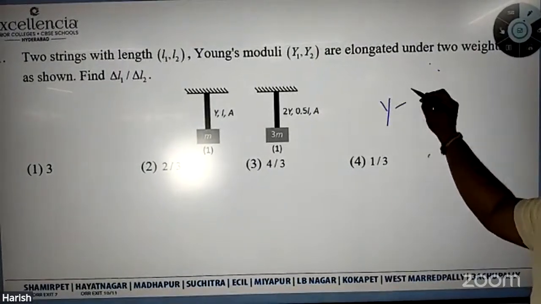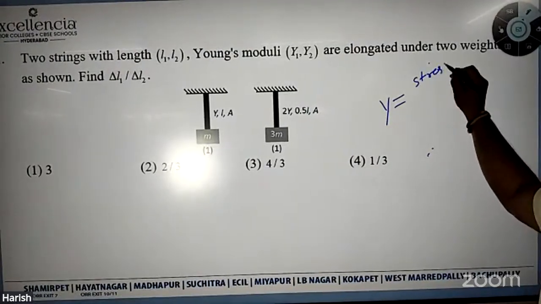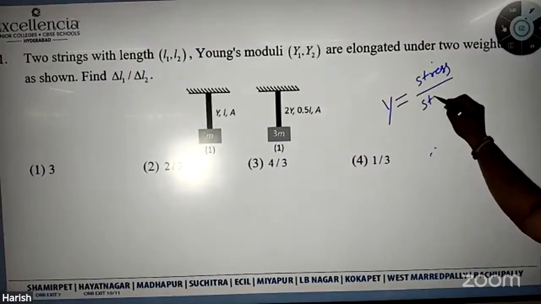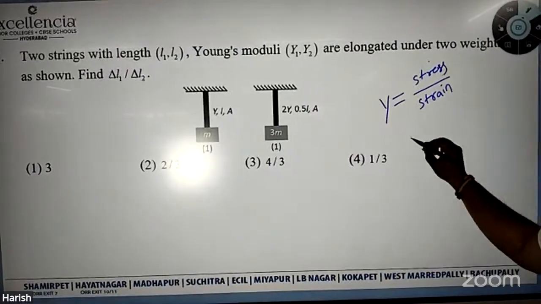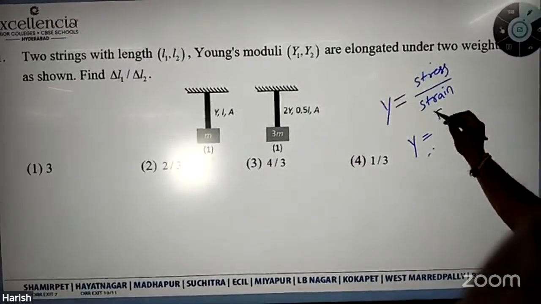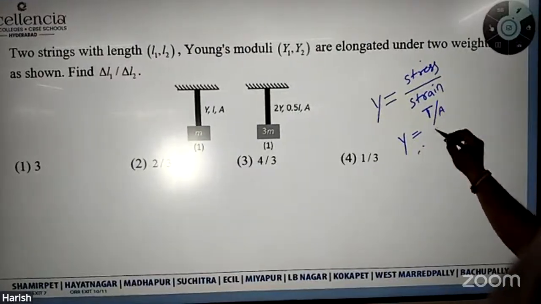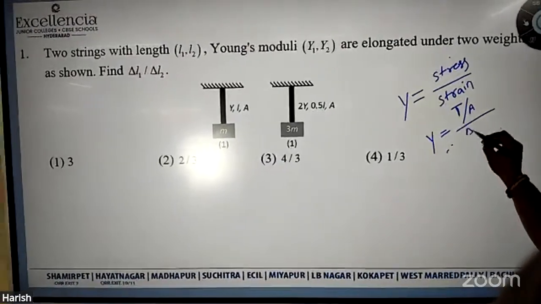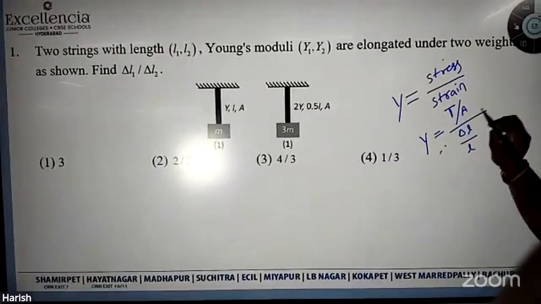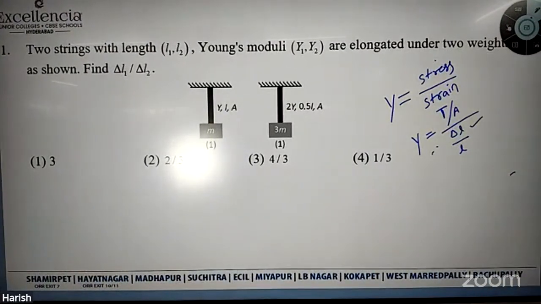Y is equal to stress by strain, right? And we know stress is equal to restoring force, which is tension in this case. So tension force by area, divided by strain, which is delta L by L, where delta L is the elongation which we are supposed to find.